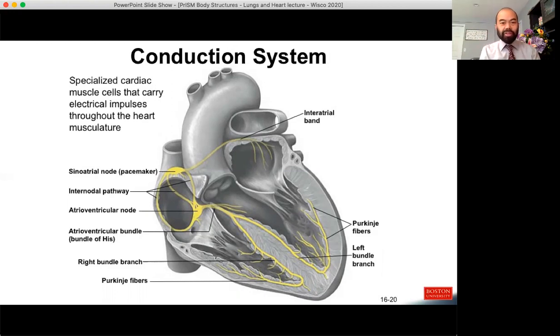What's interesting about this is we don't have a moderator band on the left side. That is because the pressure differences between the right atrium and the left atrium are slightly different. The right atrium has slightly less pressure than the left atrium does.